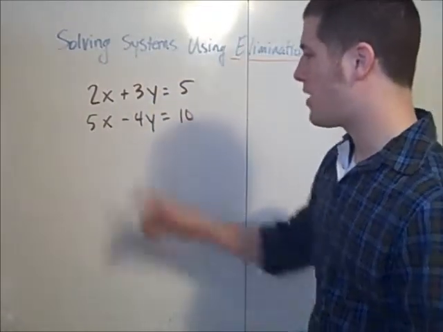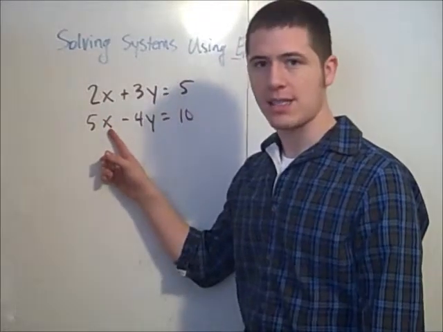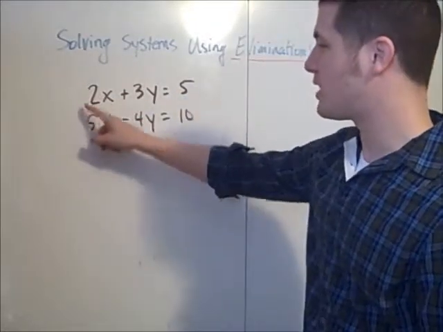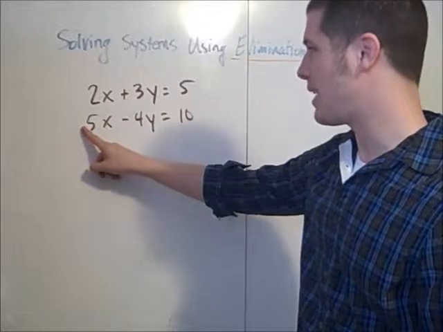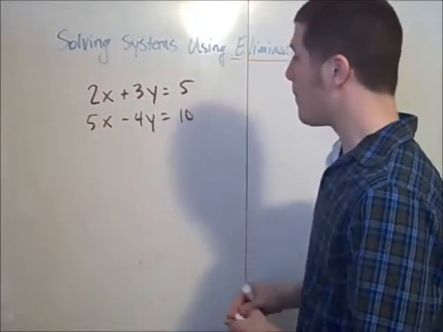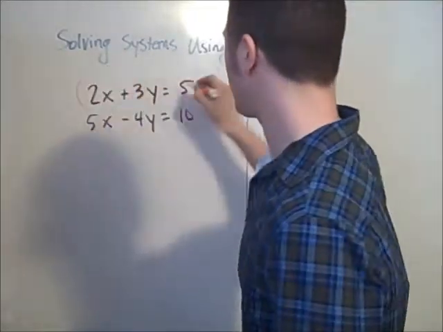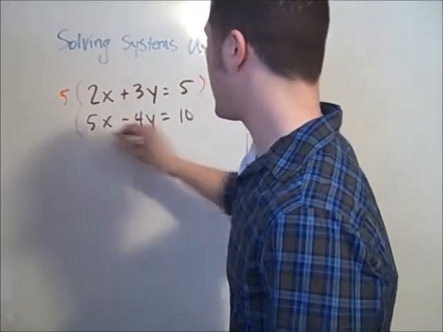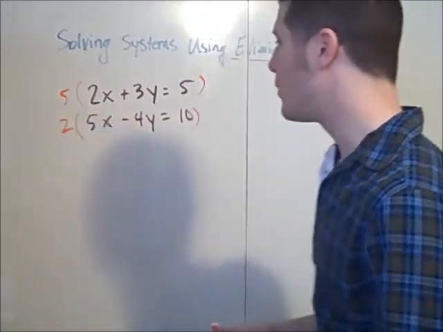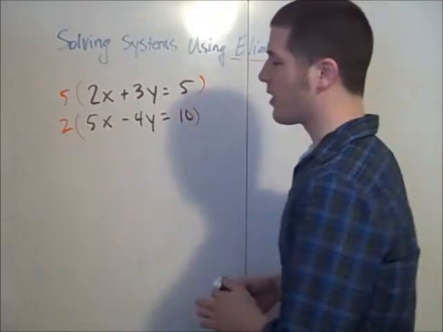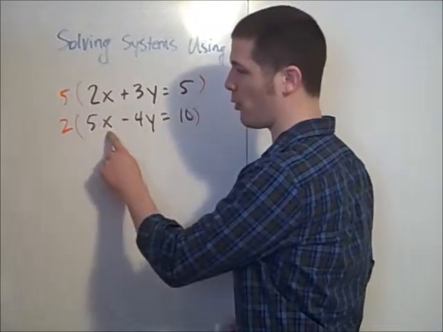For instance, if I wanted to eliminate the x's in this case, I would need the coefficients of both of these x's to be the same number. That's going to call for us to multiply this top equation by 5 and the bottom equation by 2, because when I do that, the coefficient on the x's will both be 10.